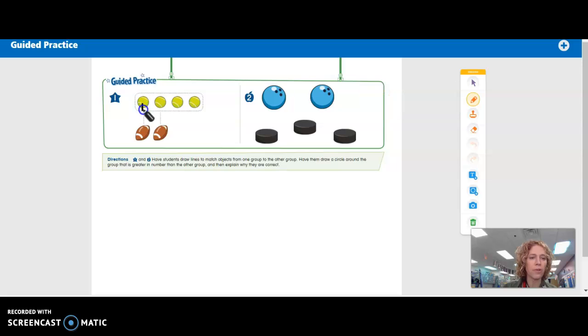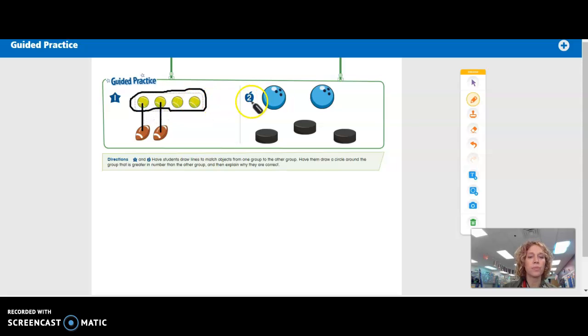I'm going to match this tennis ball to that football, this tennis ball to that football. Now, I don't have any more footballs, so I have extra what? I have extra tennis balls, so that means we have a greater amount of tennis balls than footballs. So I'm going to circle it.